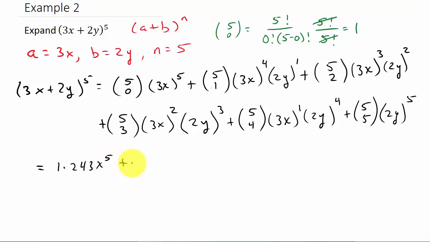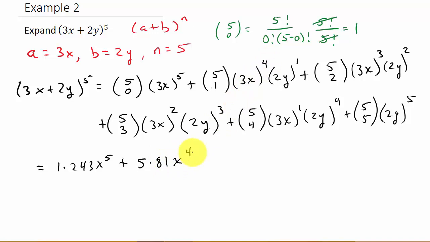Plus, now I'm going to go ahead and just write down the answer to combination 5 choose 1. That's just 5. And I'm going to calculate 5 choose 2. Combination 5 choose 1 is 5, times, and then I've got 3x to the fourth. So 3 to the fourth is 81, and then x to the fourth is x to the fourth.